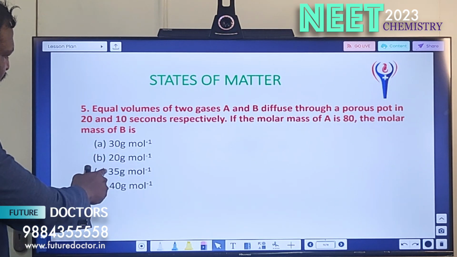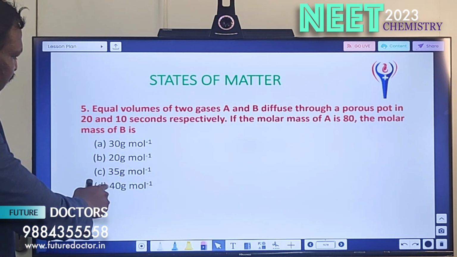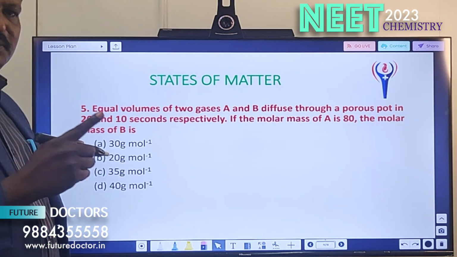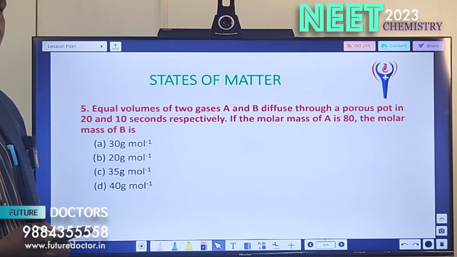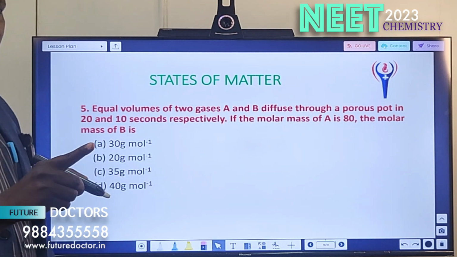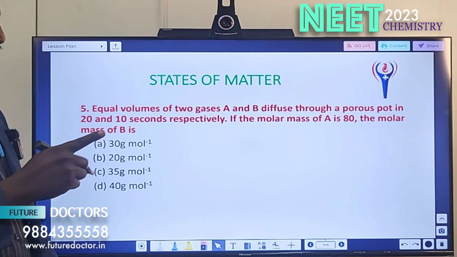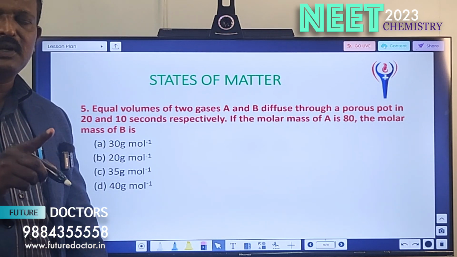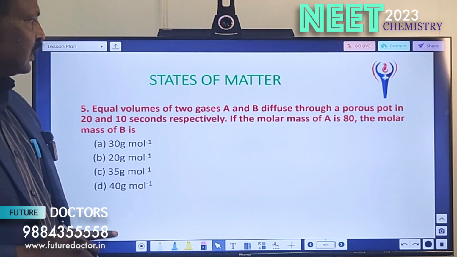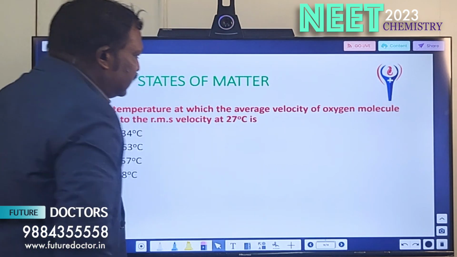Option C 35 gram per mole. Option D 40 gram per mole. This one is based on Graham's law of diffusion. You must know that statement, and at the same time you should know the formula for Graham's law of diffusion. If you know the statement and formula, you can solve the sums. Understood?